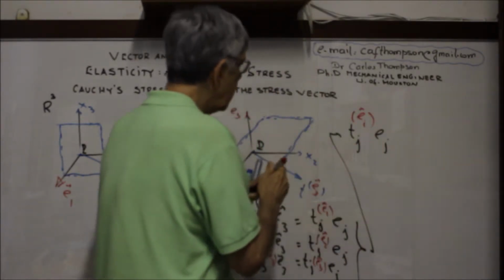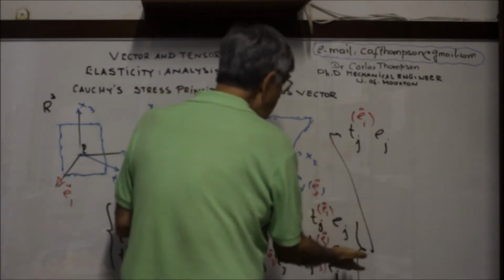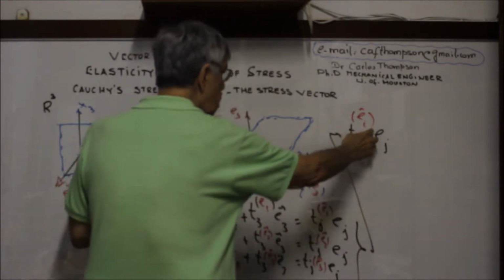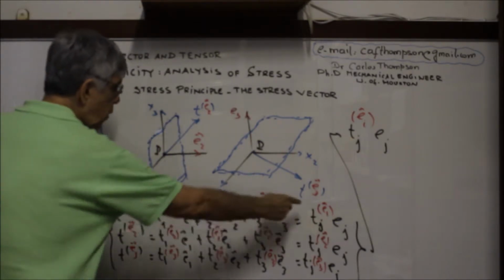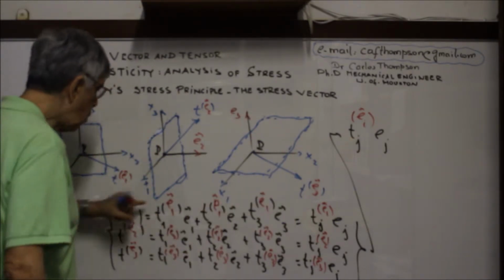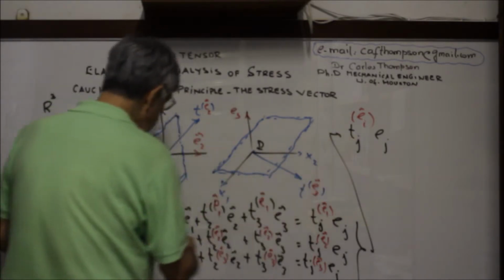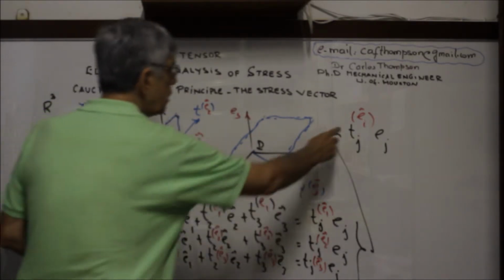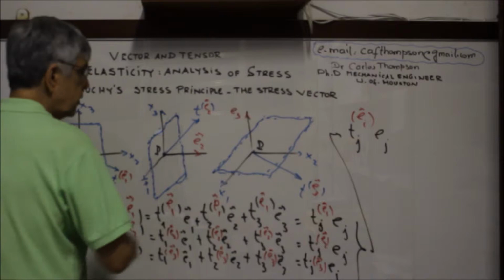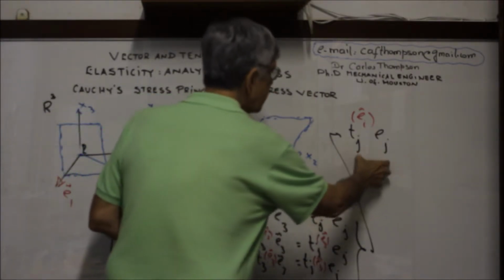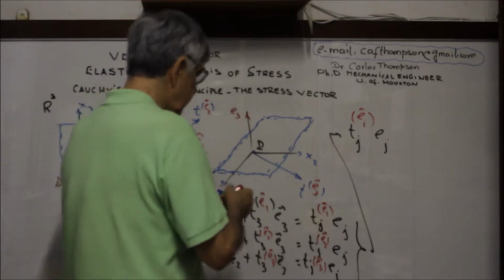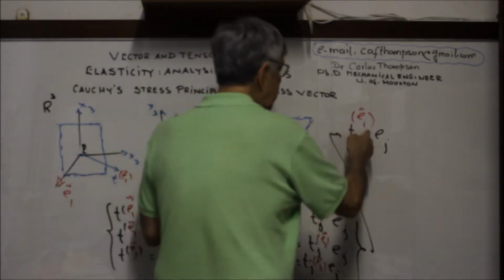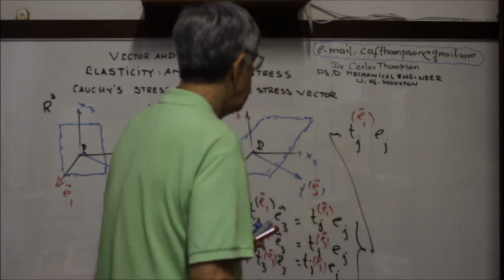This is Tj Ei because when i is equal to 1, I decompose in this row over here. For i equal to 2 it is E2, and for i equal to 3 it is E3. So this is a sum, this is a dummy. i is the free index and j is the dummy.